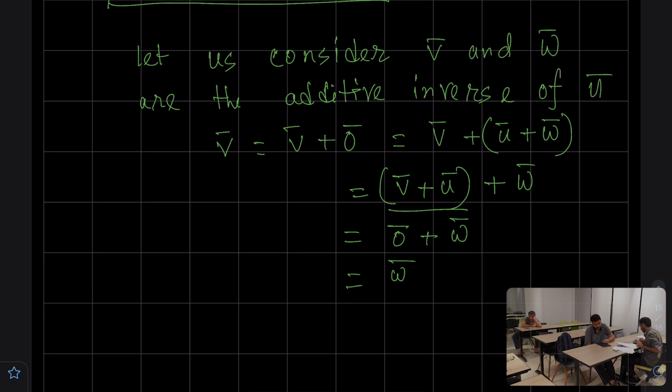So I started with V and I end up with W vector. So it proves that the additive inverse of the element U is the unique one.